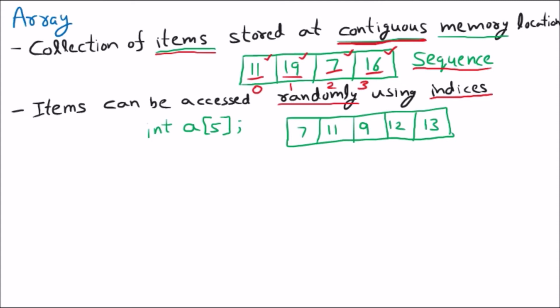And in this array, every block has an index. Indices means a sequence number starting from 0. So 0, 1, 2, 3, 4. These values starting from 0 are the indices, or we can say the index. Now by using this index we can easily take out the value from the array.